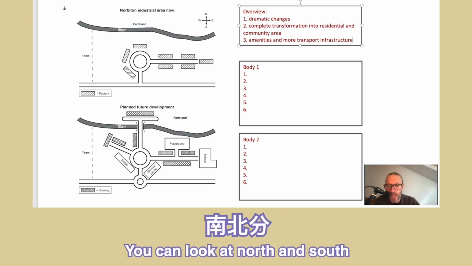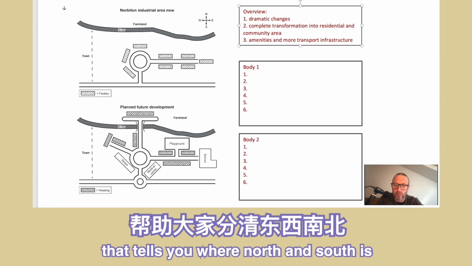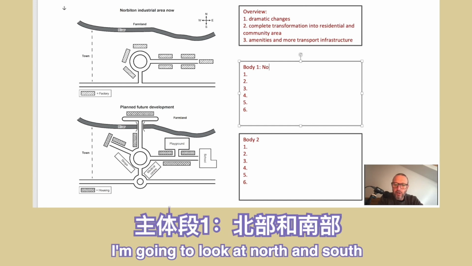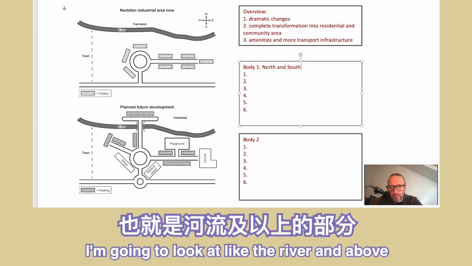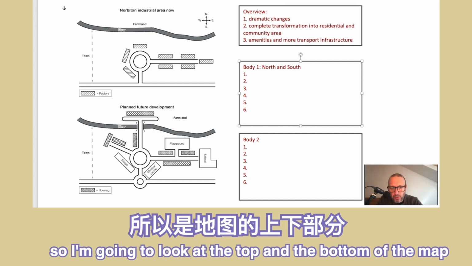Now, there's a few ways you can do it. You can look at north and south. You can look at east and west. Remember, they give you a little thing up here that tells you where north and south is if you're confused. But I'm going to do something slightly differently here. I'm going to look at north and south in one body paragraph. I'm going to look at the river and above, and I'm going to look at this bottom road. So I'm going to look at the top and the bottom of the map.